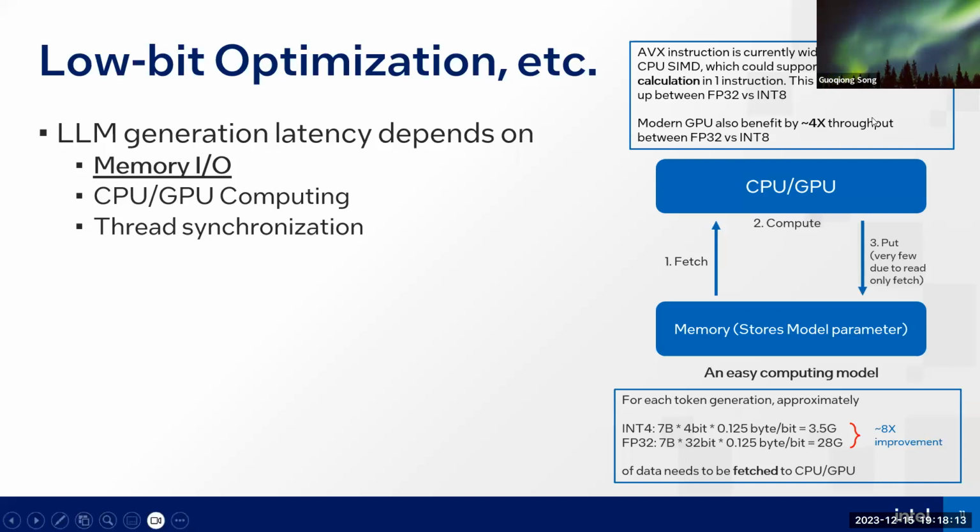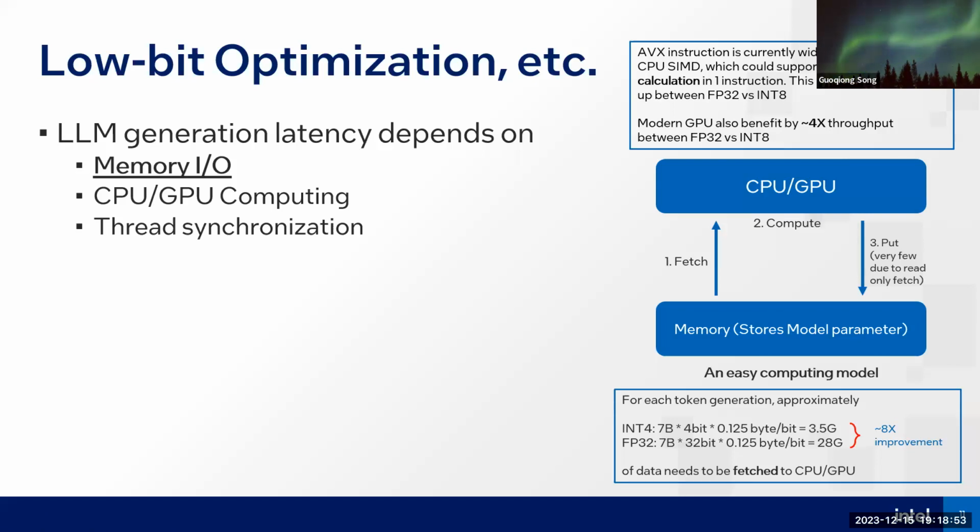Then if you compare your numbers in FP32 to your numbers in int8, of course, if you handle the numbers in int8, it will be 4 times faster, right? Because every time you handle this much data, you do this much calculation. This time you do the same amount of work, but you have more numbers calculated. So that's 4 times faster, meaning 4 times more throughput. Does that make any sense?